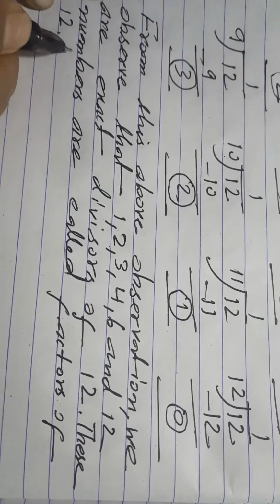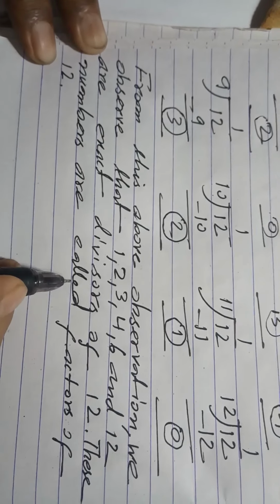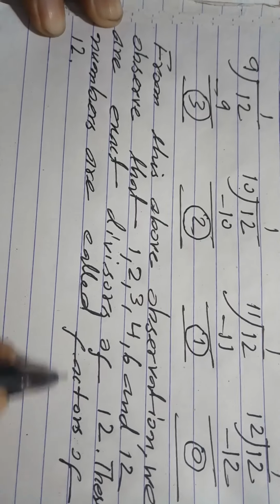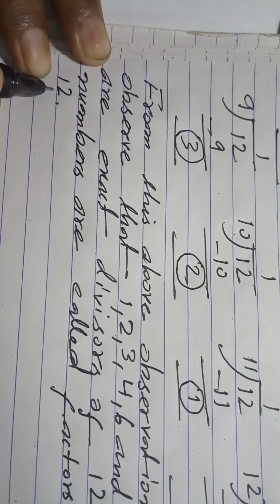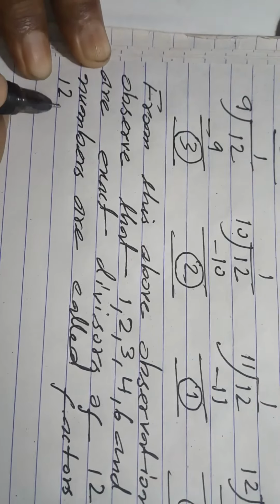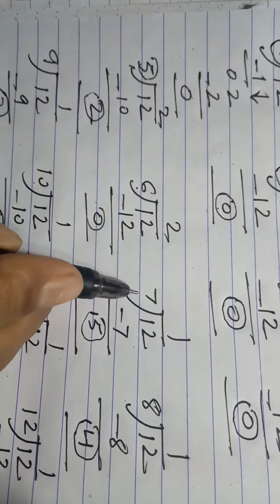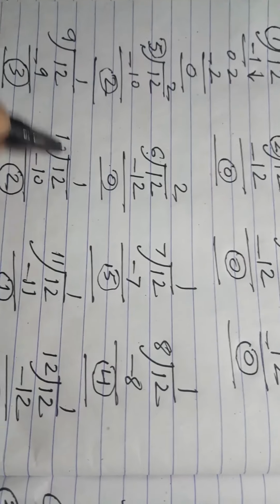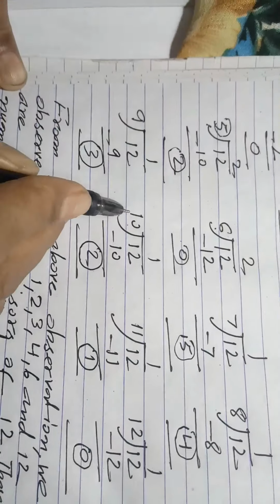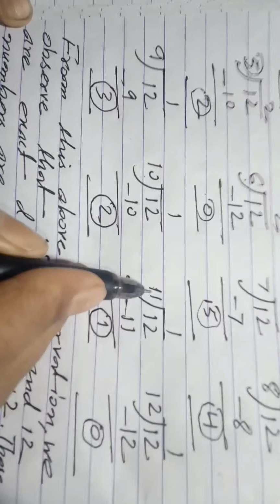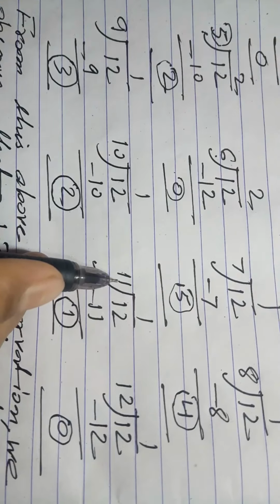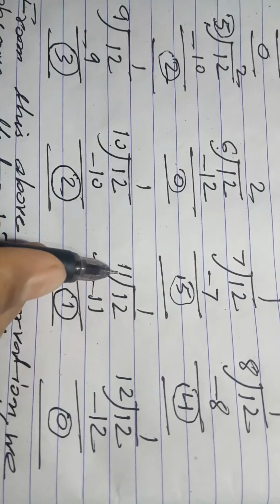These numbers are called factors of 12. And 5, 7, 8, 9, 10, 11 are not factors of 12 because they have remainders.